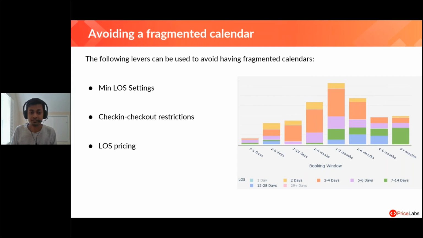Check-in, check-out restrictions are another lever that a lot of people use, where this is common in beach markets in the US, where during summer, you can say there's plenty of demand for 7-night stays and Saturday to Saturday 7-night stays.